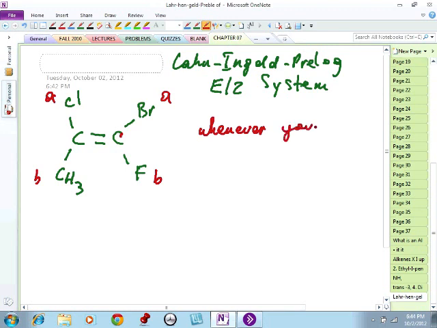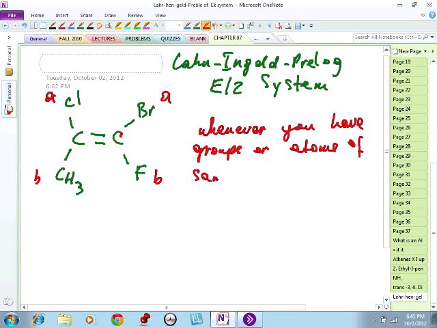Whenever you have groups or atoms of same priority on the same side, we call this Z, the Z isomer.